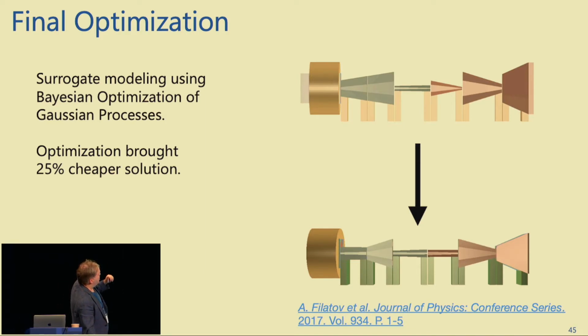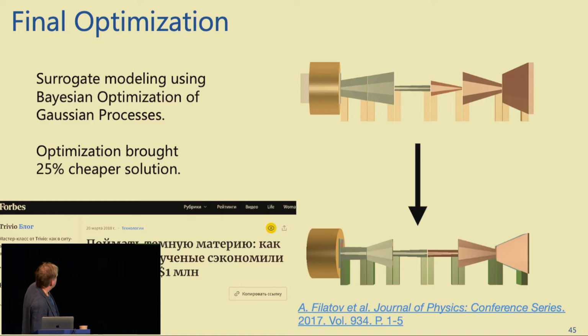This gave us the possibility to have surrogate modeling using Gaussian process regression, and out of this we were able to get a better performing detector. The 25% cheaper solution actually gives us about 1 million Swiss francs, which is quite encouraging for the financial side of science.